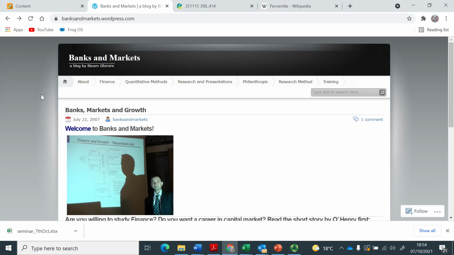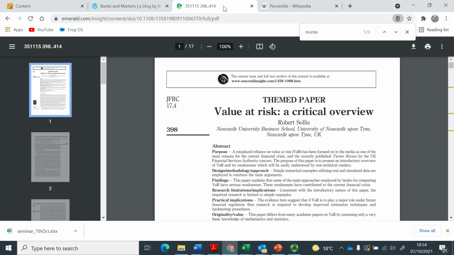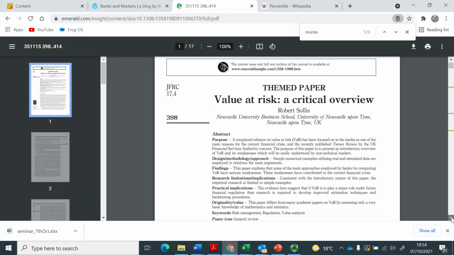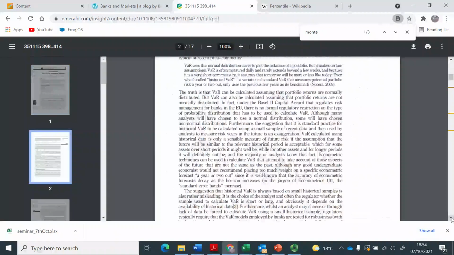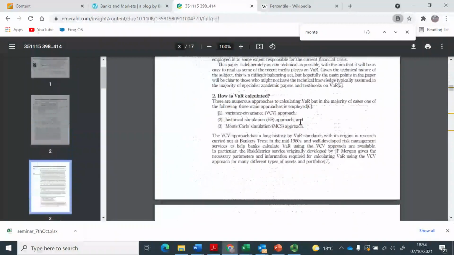Today I want to talk about a very simple topic called percentile. When I teach topics such as value at risk, in the methods, for example, the method such as historical simulation and Monte Carlo simulation approach, we need to make use of the percentile function.